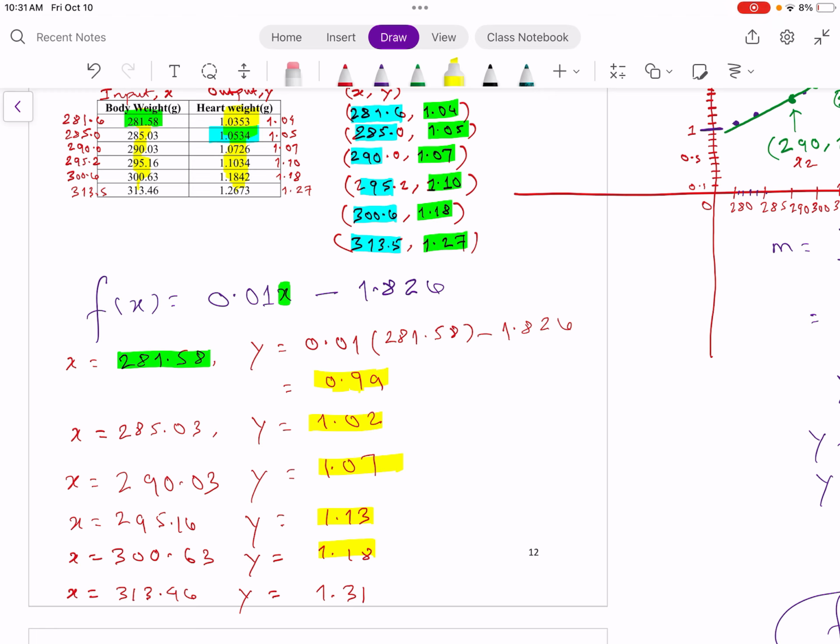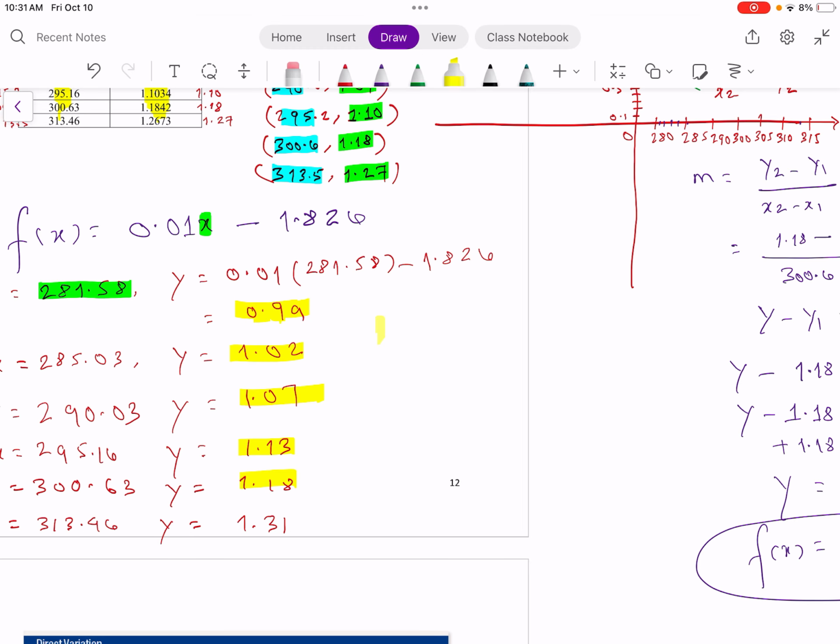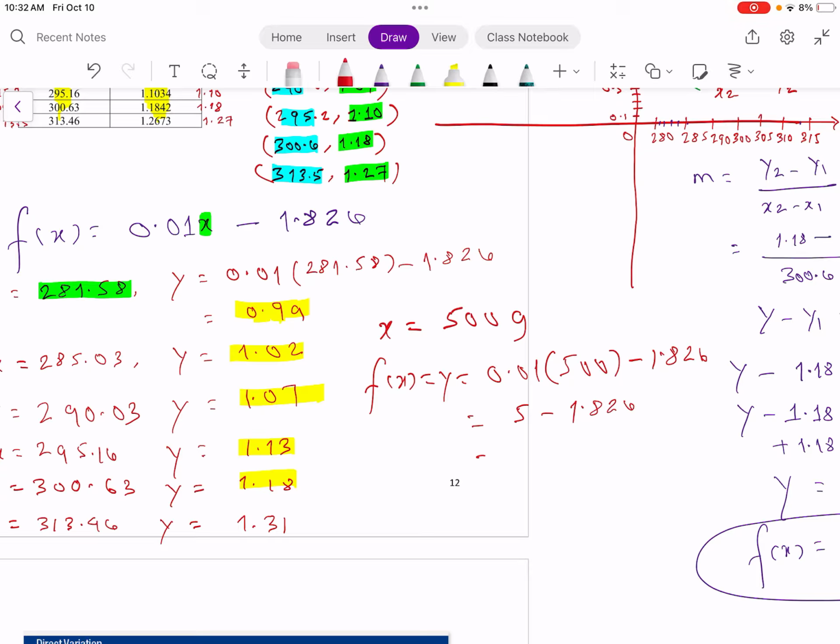So 500 times 0.01 minus 1.826. If we have a rat of weight 500 grams, its heart weight f of x, or y, is equal to 0.01 times 500 minus 1.826. This is 5 minus 1.826, which is equal to 3.174. What is this equal to?